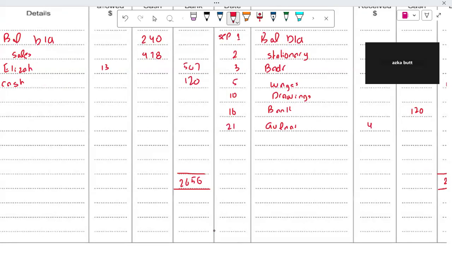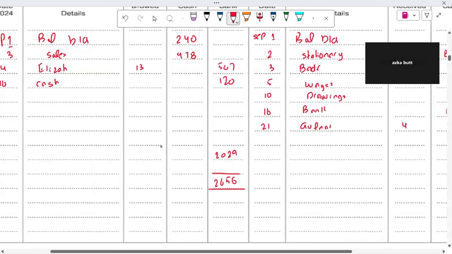Okay, so this is 2029. And this is our closing balance c/d.